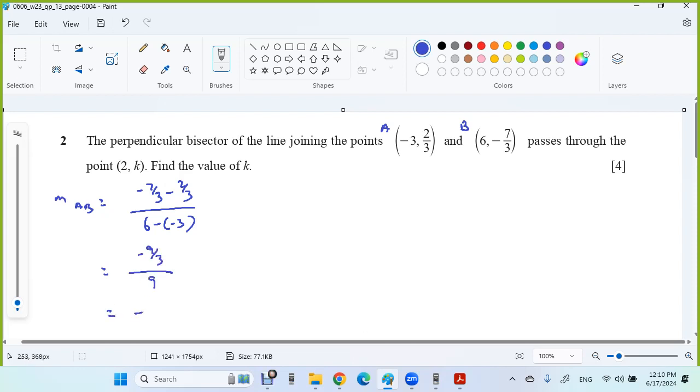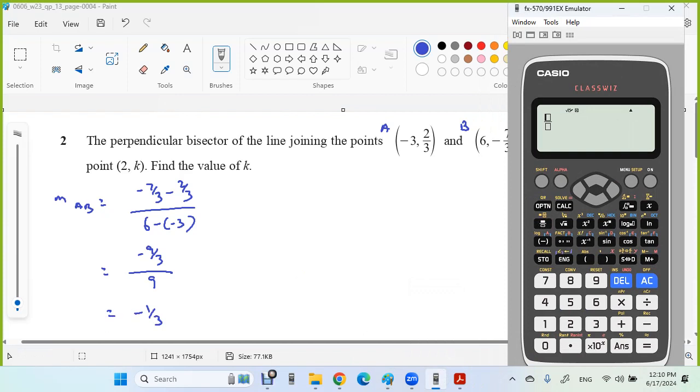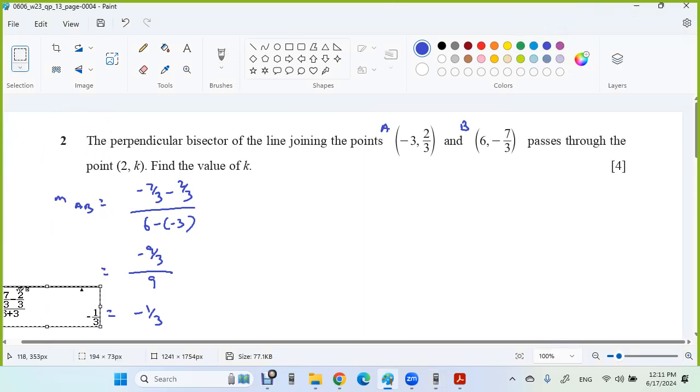So this will become negative 1 over 3. Okay, if you're not sure, you can use your calculator here: negative 7 over 3 minus 2 over 3, and 6 plus 3 is 9. So this is negative 1 over 3, correct.